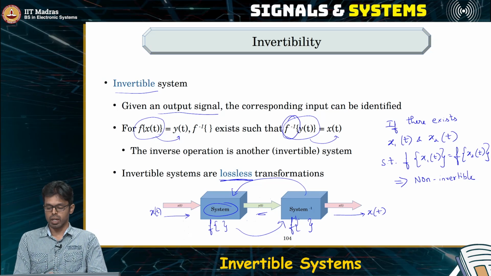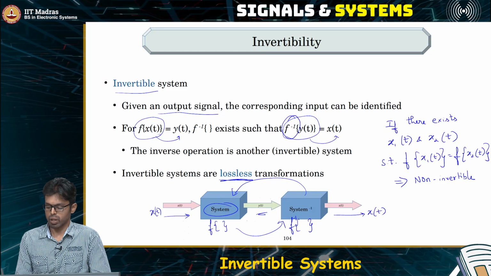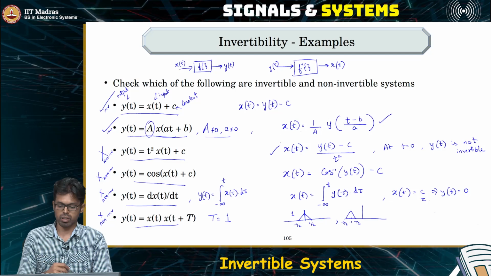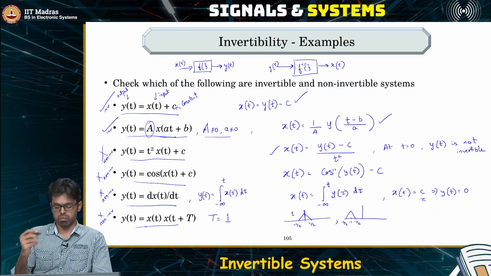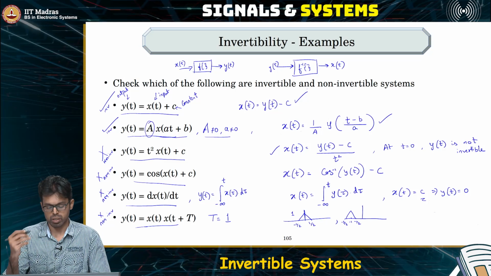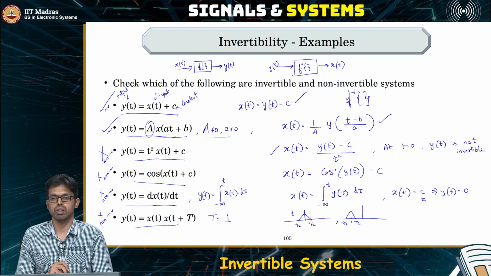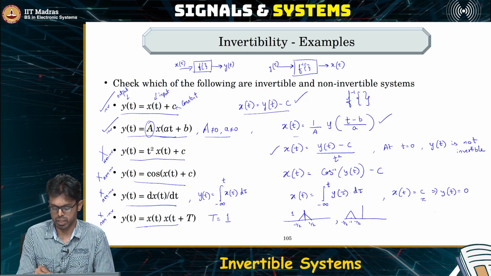Proving something is invertible is the trickier part. For that, you will have to find out what this F inverse is, like how we did here. You will have to say, okay, the system is invertible because there exists an F inverse, and this F inverse is of the form something like this or something like this.